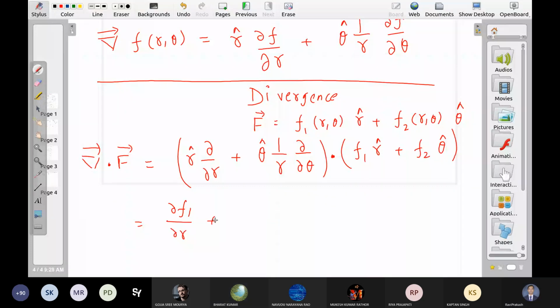Is this right? No, sir, no. So let us write everything. Do not apply any shortcut, and you will see where is the mistake.